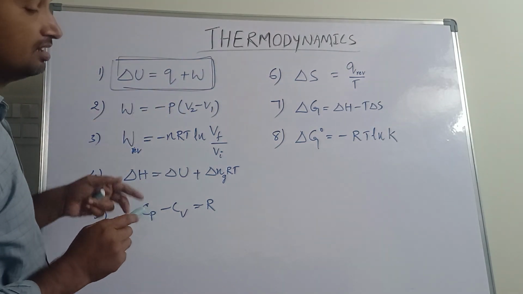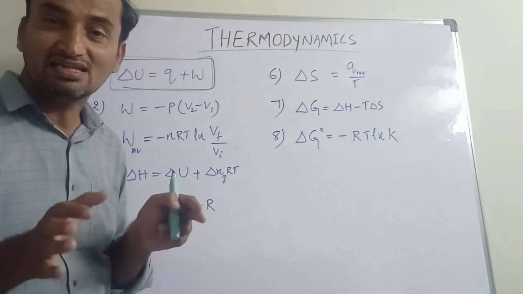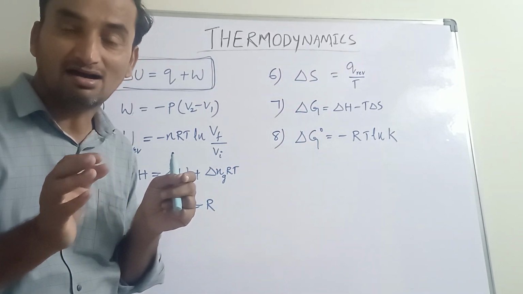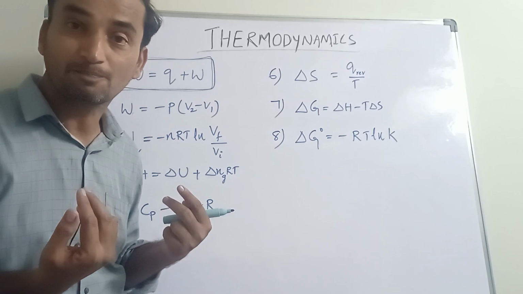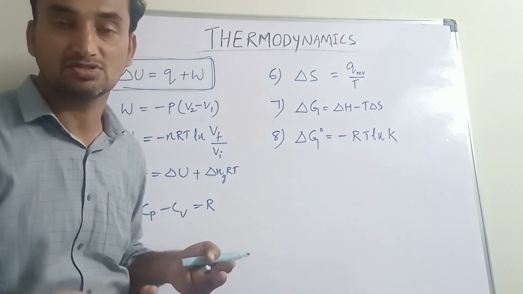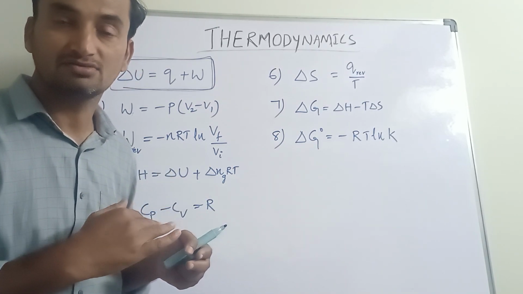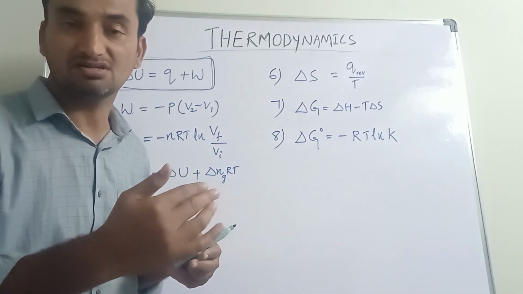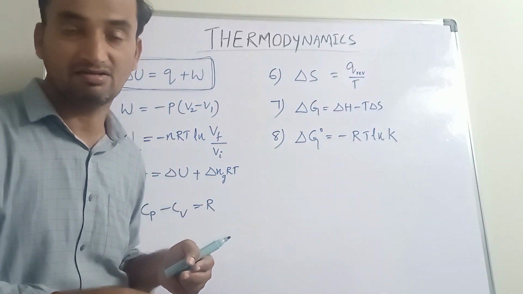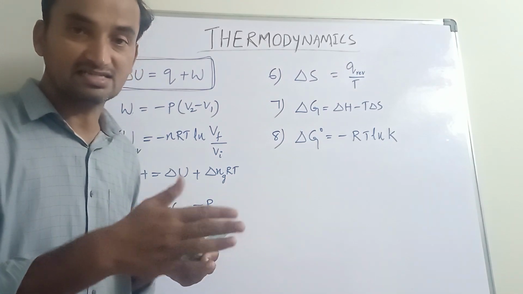Now the second one. In chemistry, in thermodynamics, we mainly focus on work done by gases. So we're going to discuss gases. Gases can either expand or be compressed. In compression, volume will be reduced.